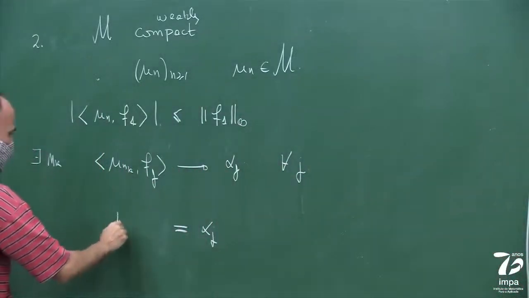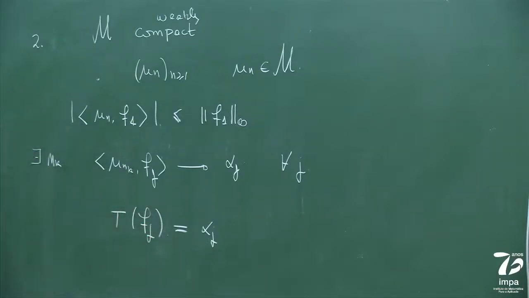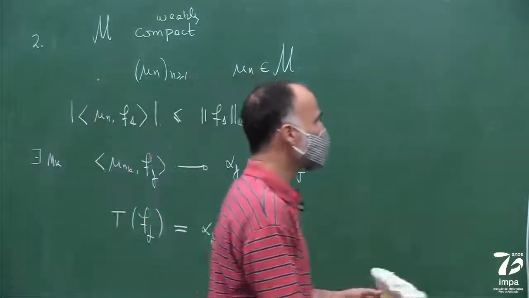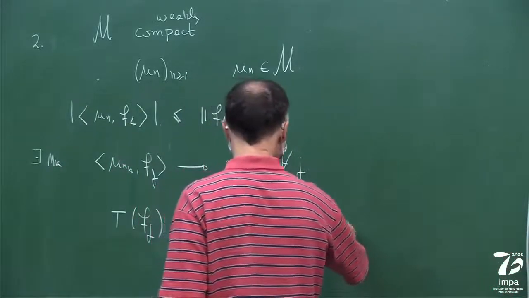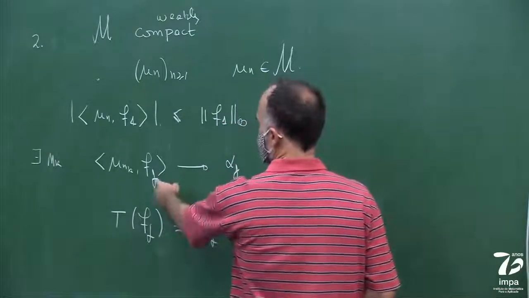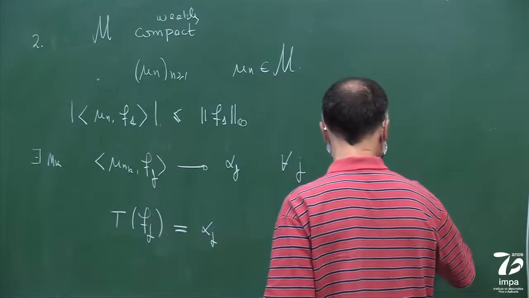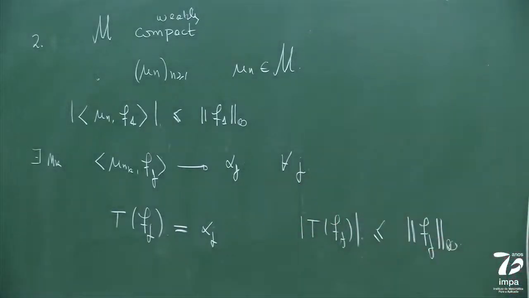So let me define a linear functional. So I'm defining t in this way. So t is defined for all fj. And I want to extend. So what I know is that t of fj, right? Well, t of fj is this limit, but this limit is bounded by the L infinity norm of fj. Okay? This is by our construction.